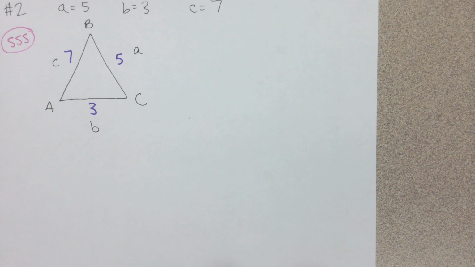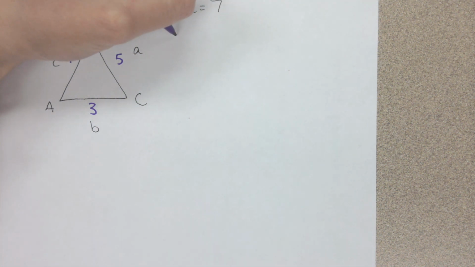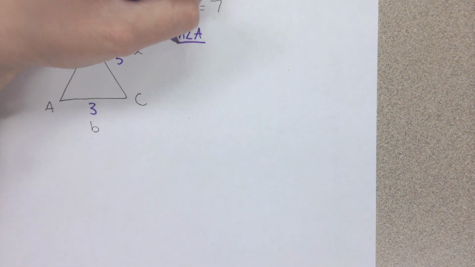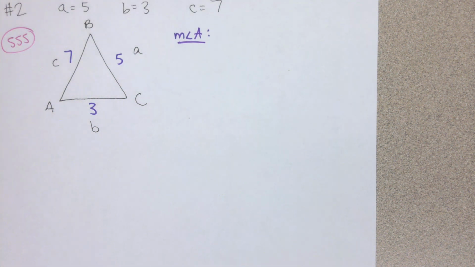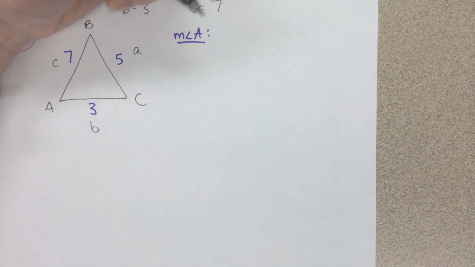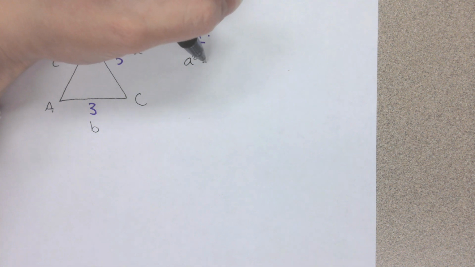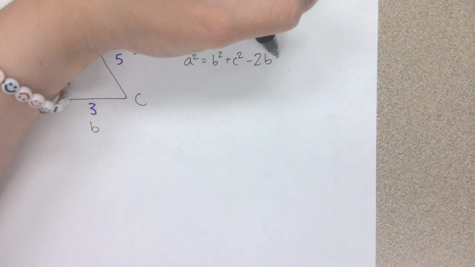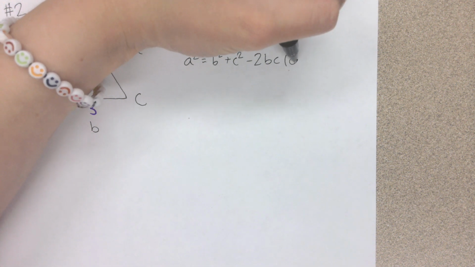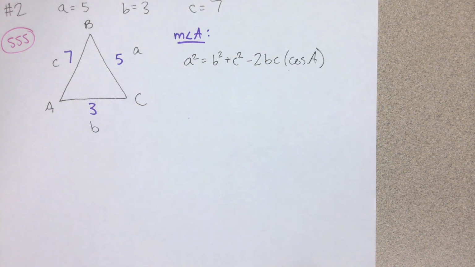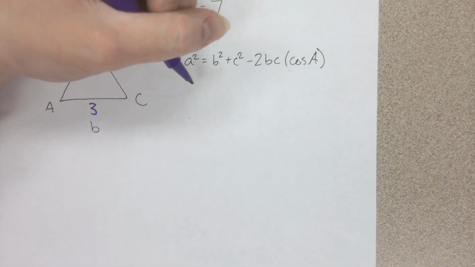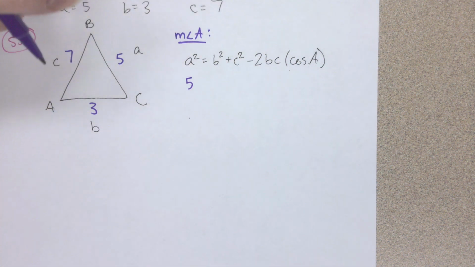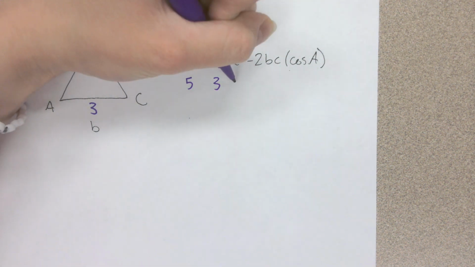Okay, so the first thing we're going to do is find angle A. Our law of cosines that we're using, a squared equals b squared plus c squared minus 2bc cosine of A. I'll plug everything in. a is 5, b is 3, c is 7.